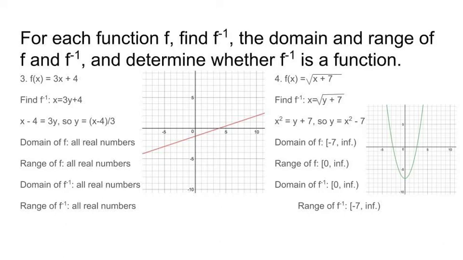The domain of the original function is negative 7 to infinity. The range is 0 to infinity, which if you graph that, you will be able to see very clearly. And this is where you can see how the domain and range are interchanged. The domain of our inverse function is going to be the range of our function, 0 to infinity. You might say, well, that doesn't match up, but it does where x is greater than or equal to 0.